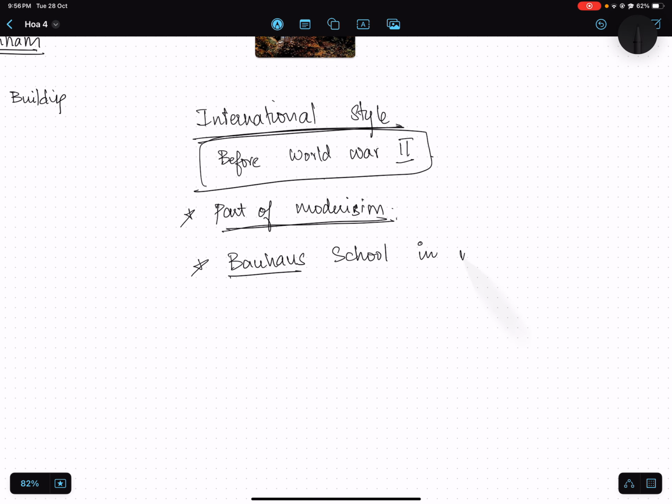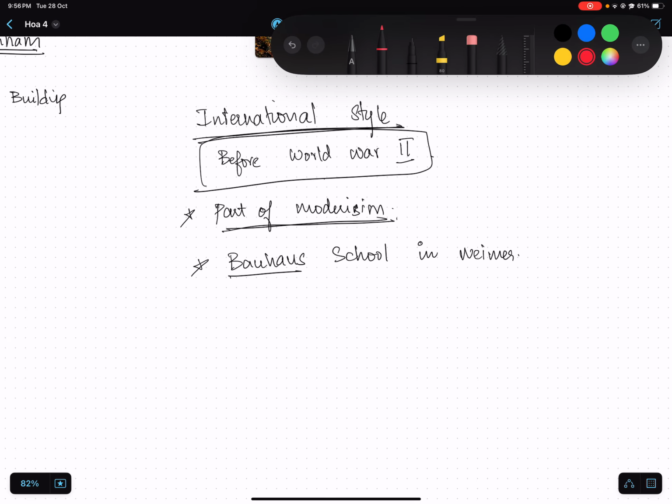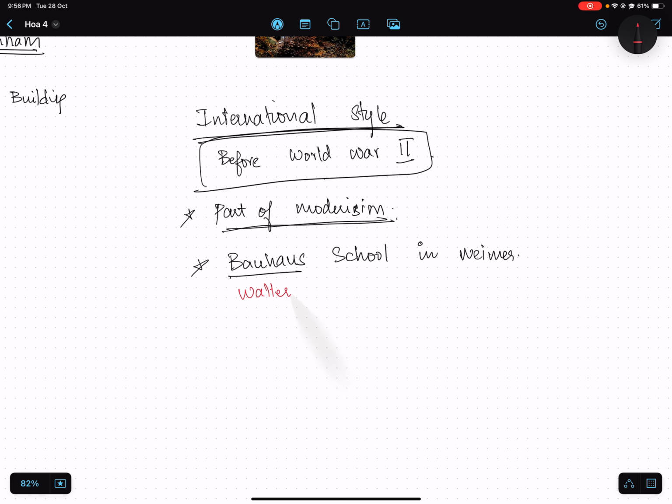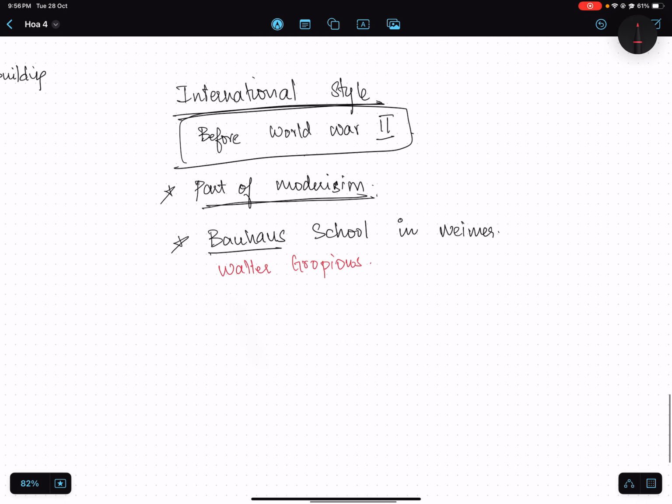Weimar. So this was founded by Walter Gropius, and then was joined by Hannes Meyer, and finally by Mies van der Rohe.